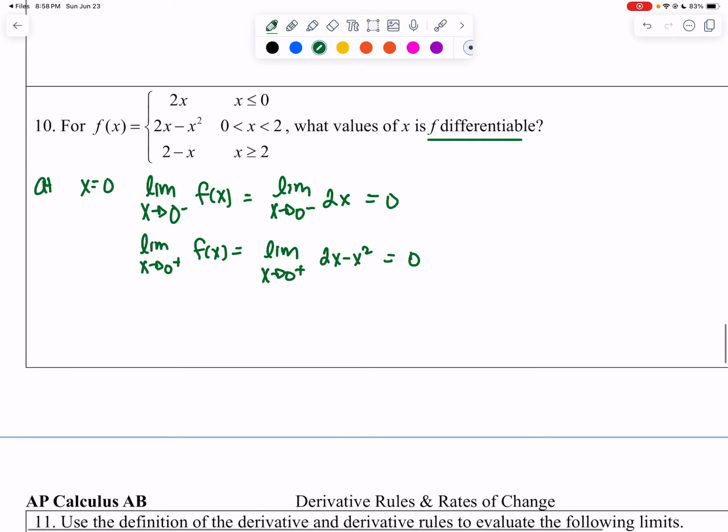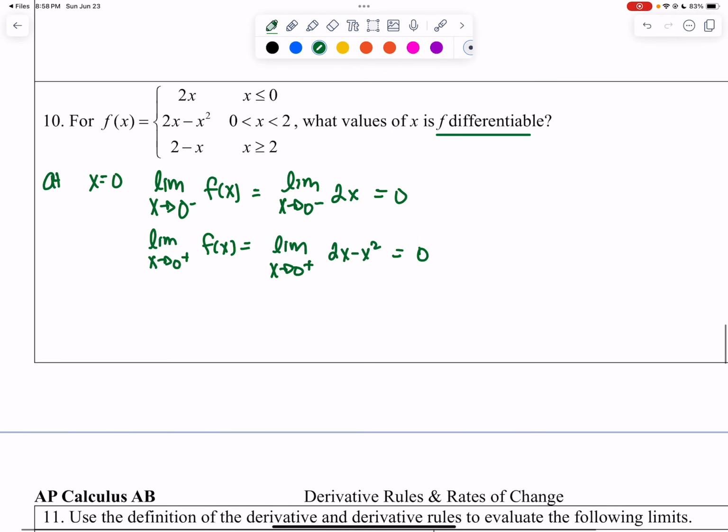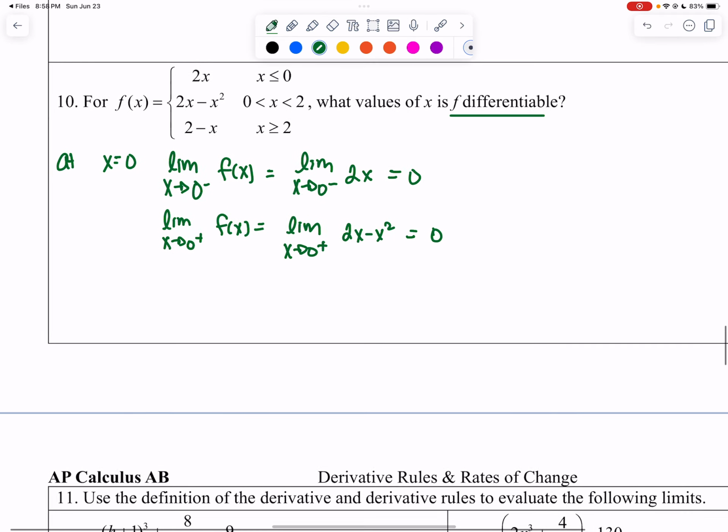So I know our function is continuous at 0. That's a good thing for now.